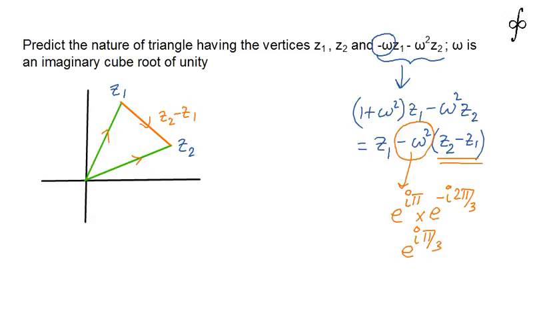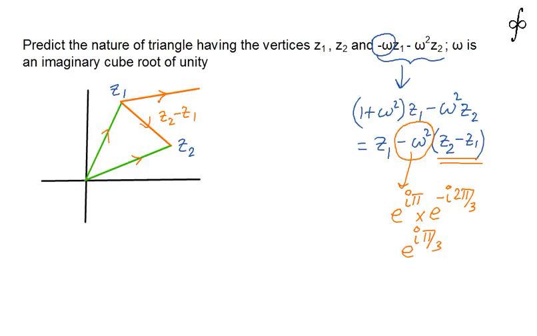Now this displacement vector z2 minus z1 is getting multiplied with a number, minus omega square, that is e to the power i pi by 3. As you know, this is a unit vector because the magnitude is unity, but the argument is pi by 3. So the vector z2 minus z1 will be rotated in the anti-clockwise direction by an angle pi by 3, keeping the magnitude intact.